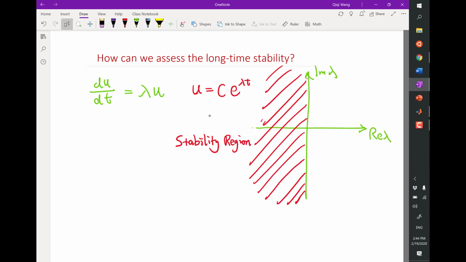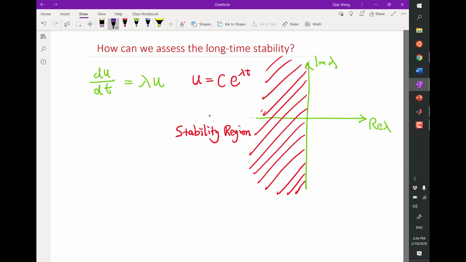And we want to extend the idea into numerical discretization, and we want to figure out if we apply, for example, forward Euler, can we recover this stability region? And if not, how well can we approximate the stability region of the real differential equation, of the exact solution?